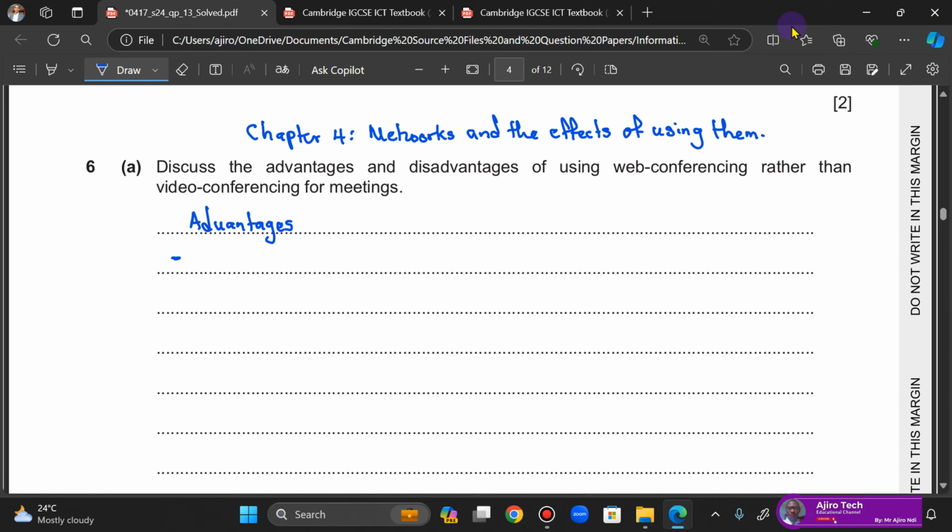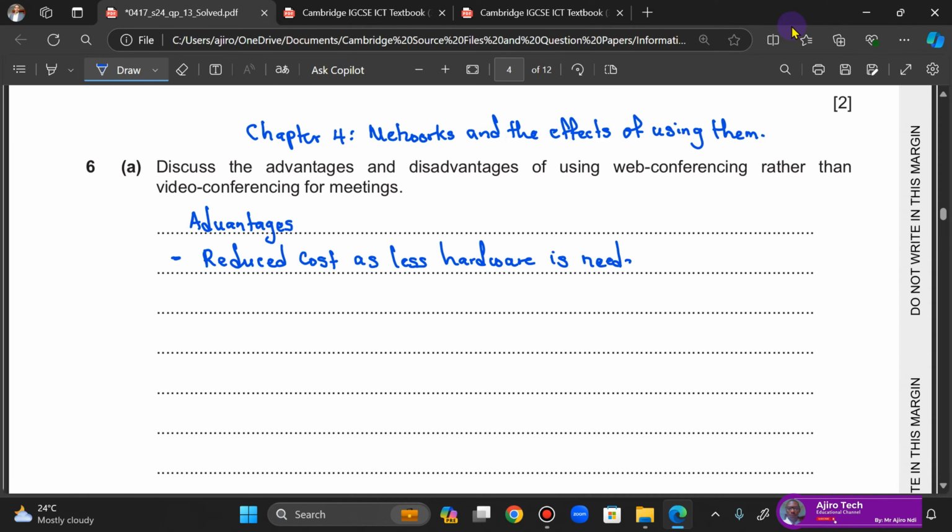So advantages here is, rather than video, one advantage is that it reduces cost, as less hardware is needed.